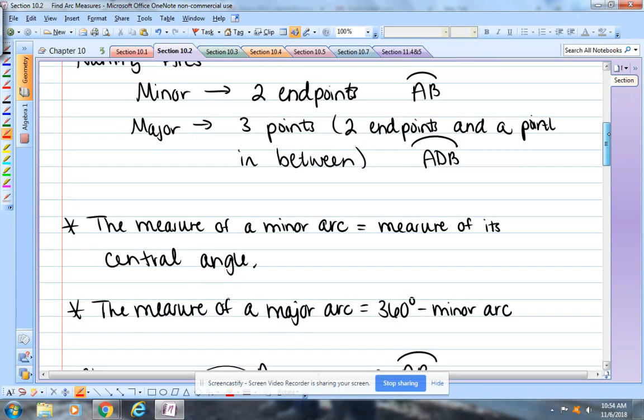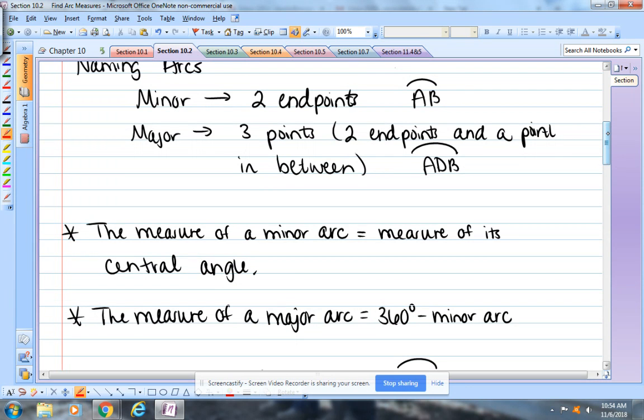Now let's talk about measures. This is a fill in the blank on your paper. The measure of a minor arc equals the measure of its central angle.